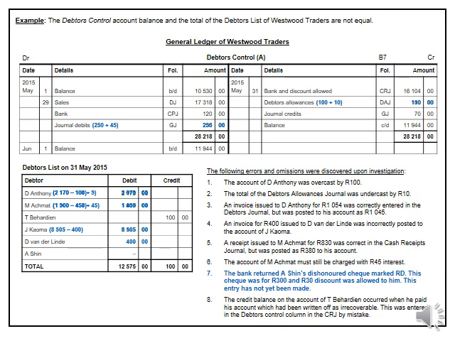Number 7, the bank returned Aishan's dishonored cheque marked RD. This cheque was for 330 Rand, and discount was allowed to him. This entry has not yet been made. Again, it's a transaction that has not been recorded, so we need to fix both. Now, two things happen. First, the cheque is dishonored. So that means to the bank on the debit side, we need to add 300 Rand.